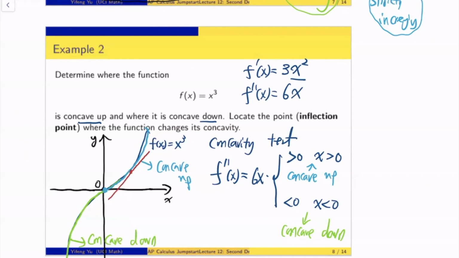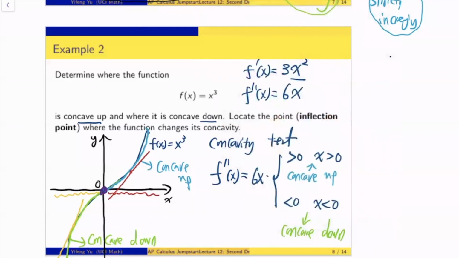If you just look at this side, and if I look at a tangent line right here, then you see on this part, the graph is below it.